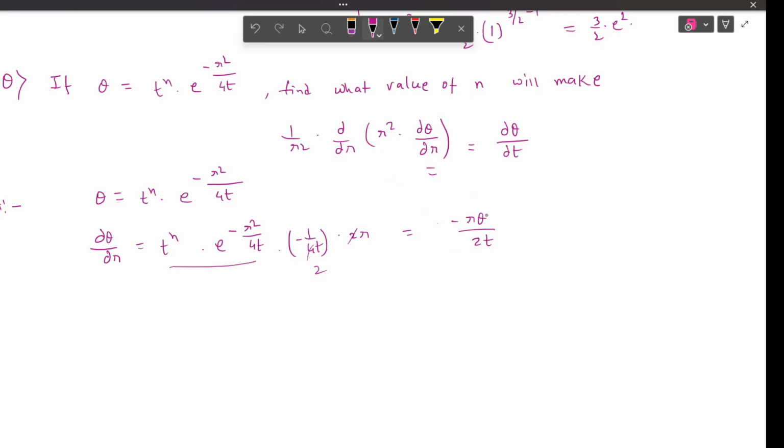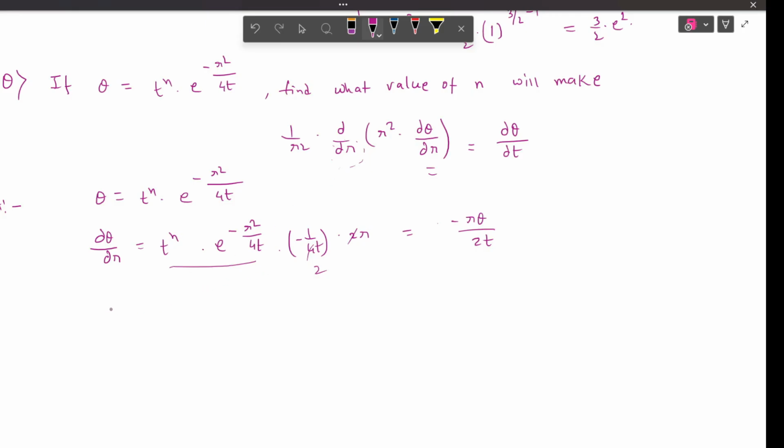Now multiplying this with r square, you will get r cube, minus r cube theta by 2t, and then you have to again differentiate partially with del r.